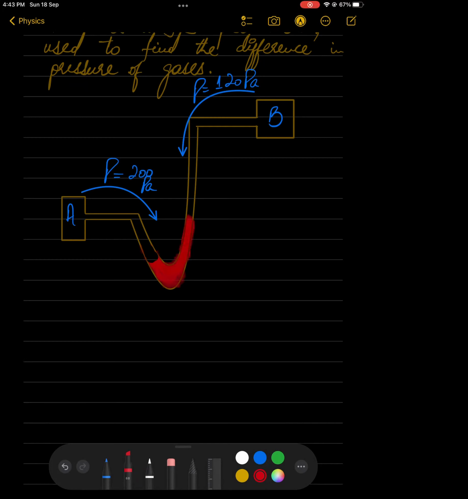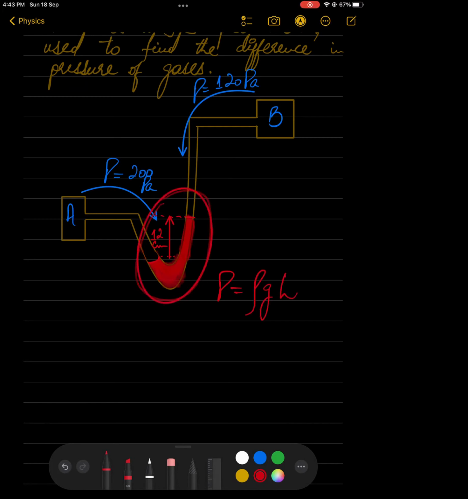Now the concept of this is कि आपके पास यहाँ पे जो liquid है उसमें एक difference in height आ चुका है. The difference of height is going to be used to find the pressure. अब हम इस height के difference को use करेंगे. Let's say this is 12 centimeter. Pressure के लिए हमारे पास formula है rho GH.